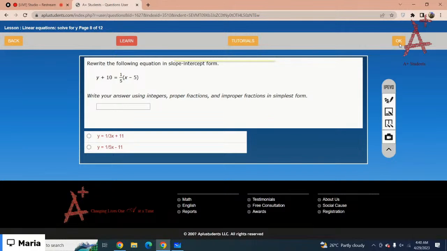Then y plus 10 equals, so which is the correct option? Option number 2 is the correct option.